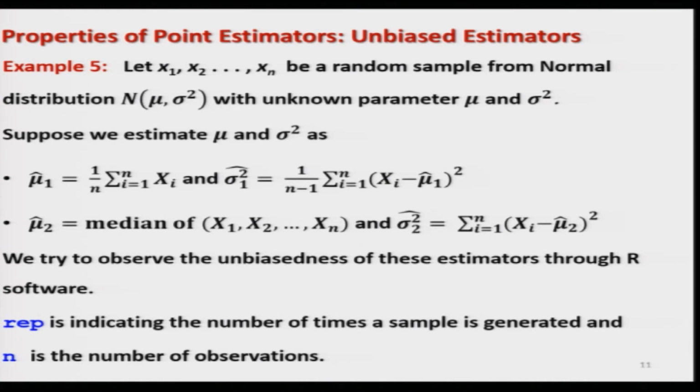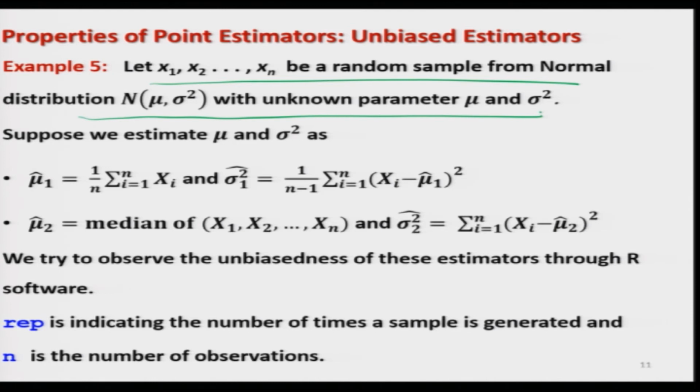So, what we try to do here is take a sample from the normal population with mean mu and variance sigma square, and suppose both mu and sigma square are unknown parameters. How to estimate sigma square we have not yet discussed, but I will discuss it soon. But here, for the sake of understanding, suppose we propose to estimate mu and sigma square, and there are two possible choices.